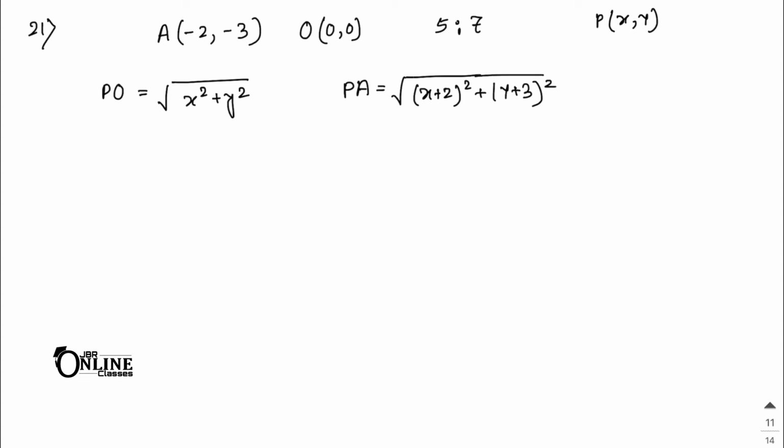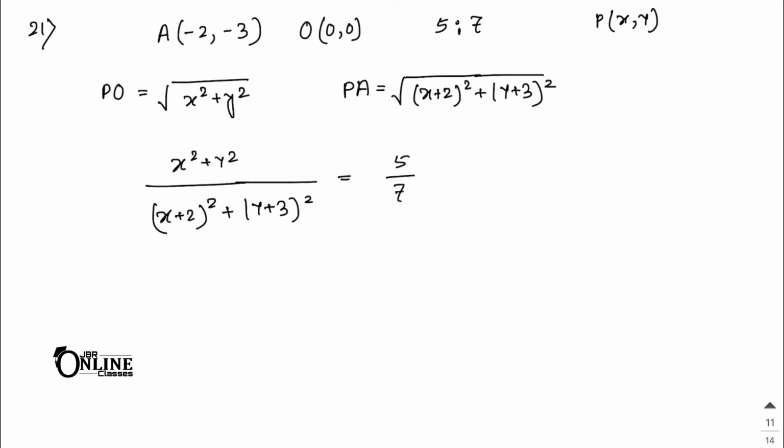Now as the ratio is 5 is to 7, if you divide, the first one will be the origin, so write x square plus y square divided by (x plus 2) whole square plus (y plus 3) whole square. That will be 5 by 7.